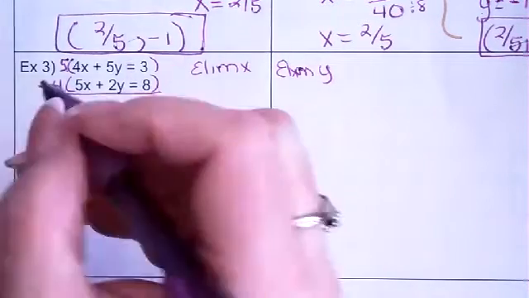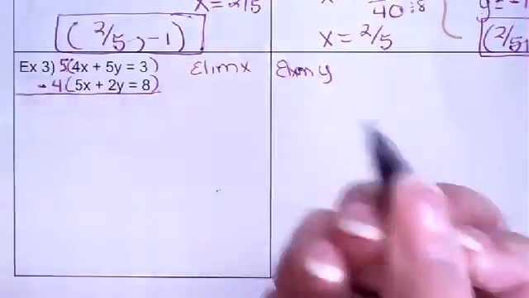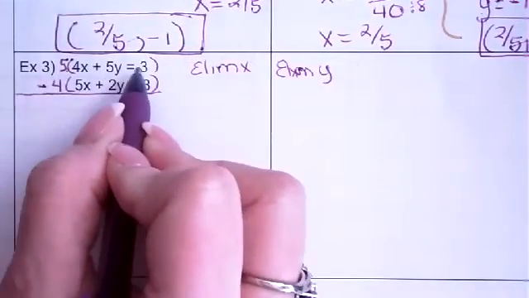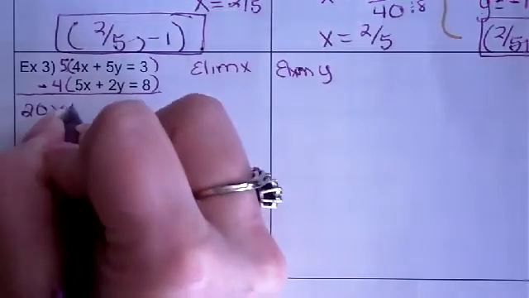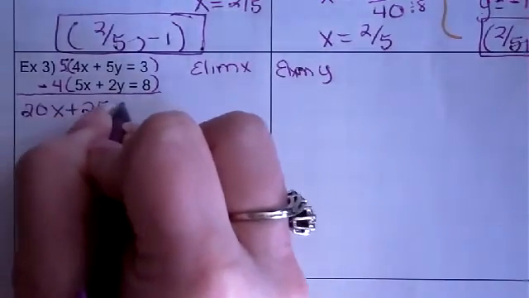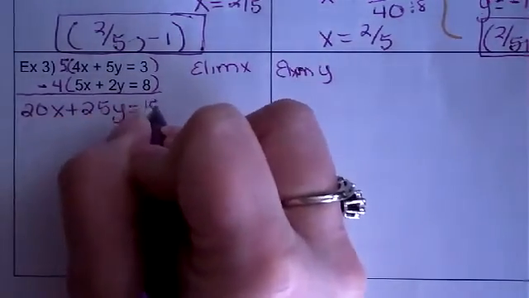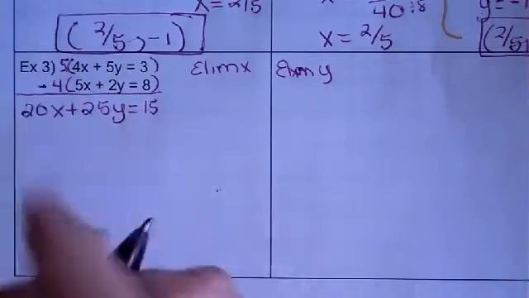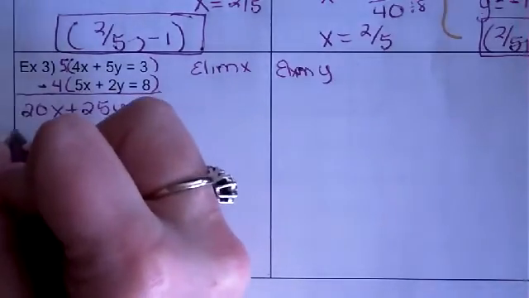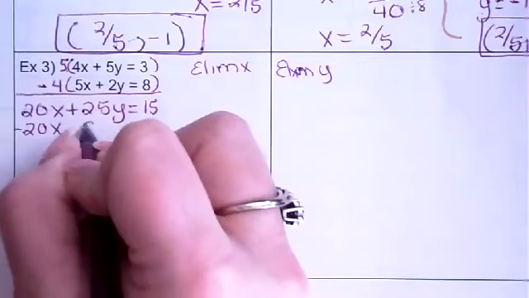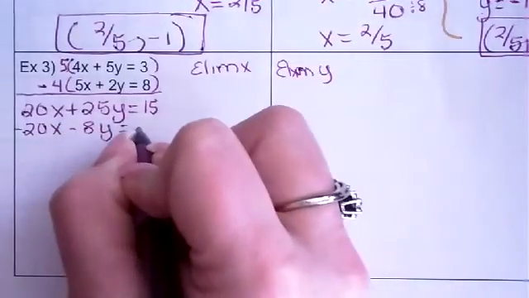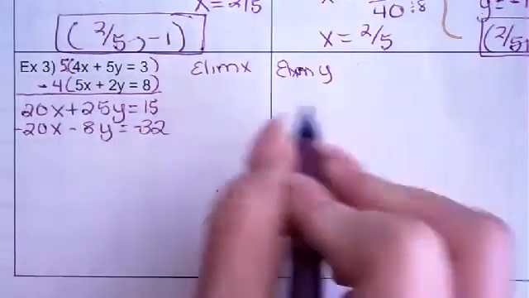All right, now our next step is to multiply. So multiplying the top equation by 5, I've got 20x plus 25y equal to 15. On the bottom equation, I've got negative 20x minus 8y equal to negative 32.